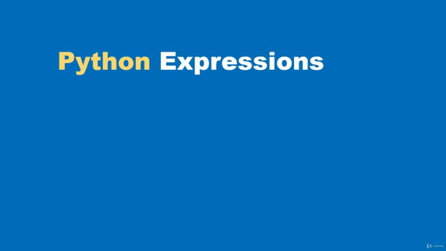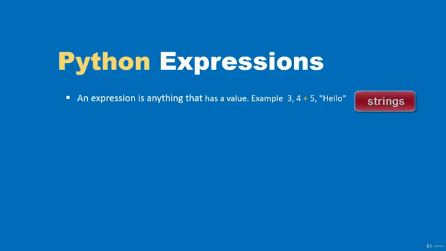In this video, we are going to take a look at Python expressions. An expression is anything that has a value. For example, the number 3, 4 plus 5, and the string hello. Text is referred to as strings in Python.